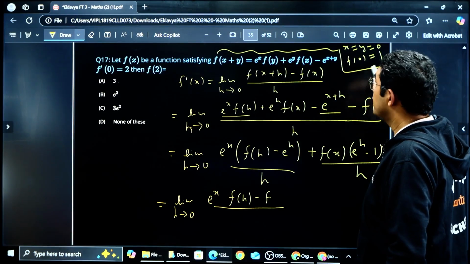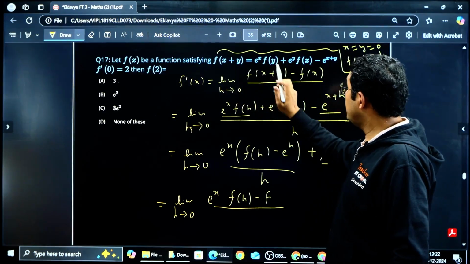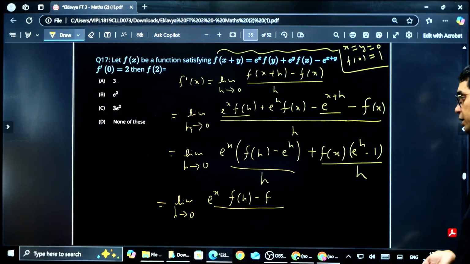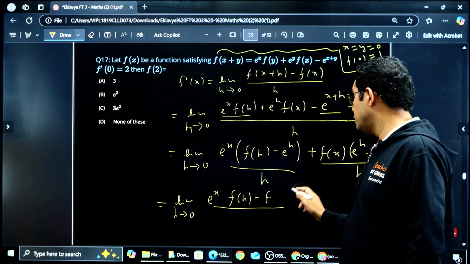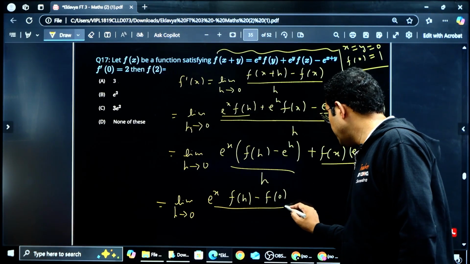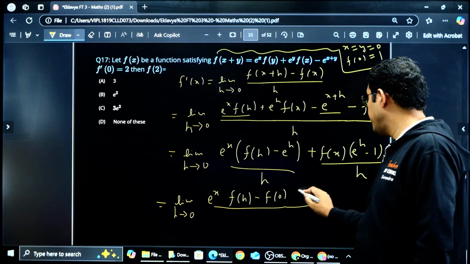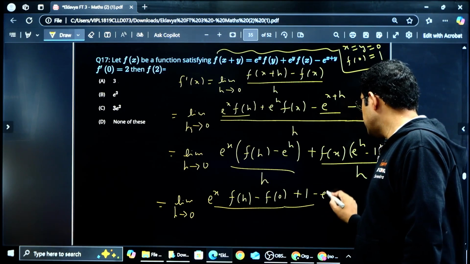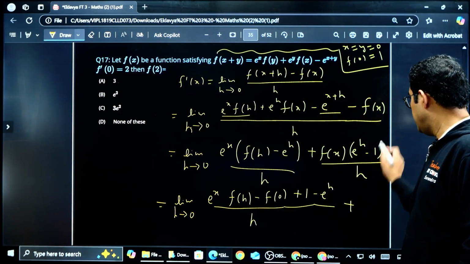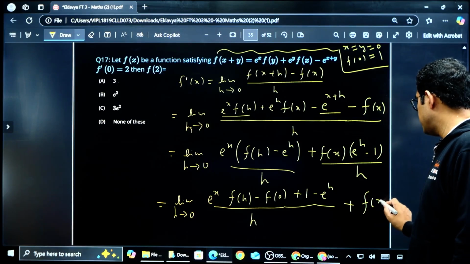Please check. Both zeros, so f0 will be 1. So f0 becomes equal to 1. So e power x into f of h minus f of 0, I'm writing, which is actually equal to 1, then plus 1 minus e power h, I'm writing, upon h. And this is actually 1, so we can write just f x here.